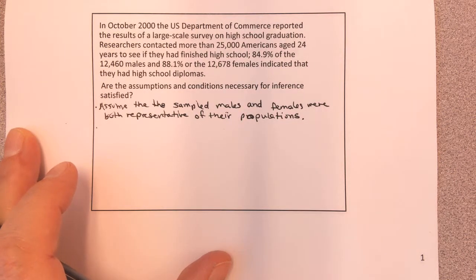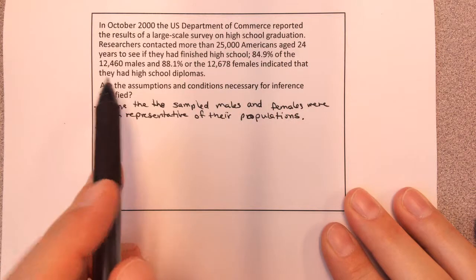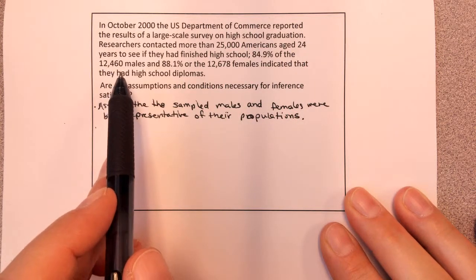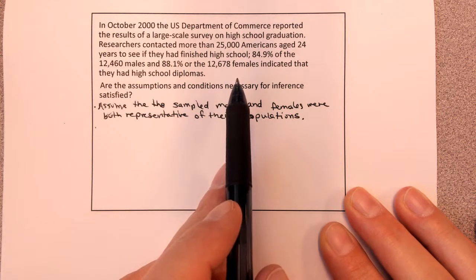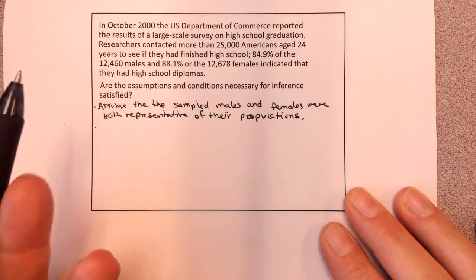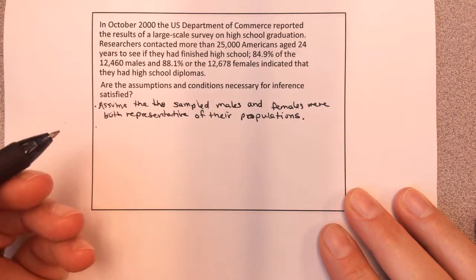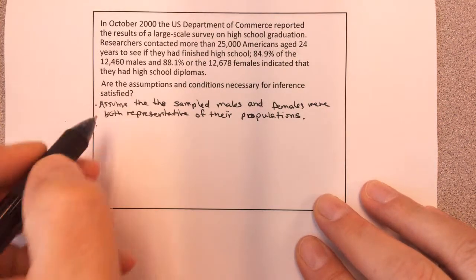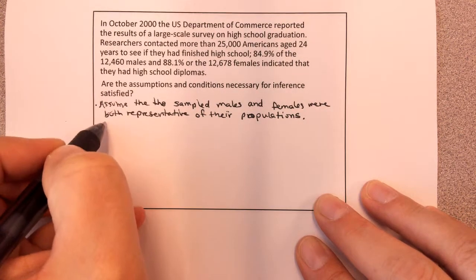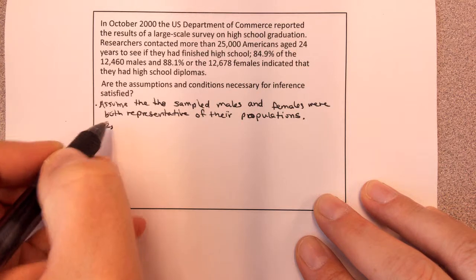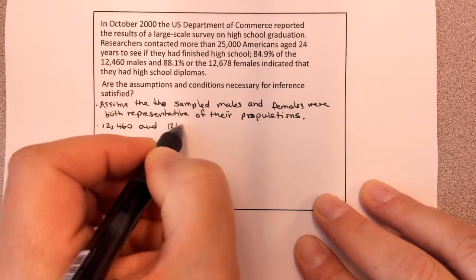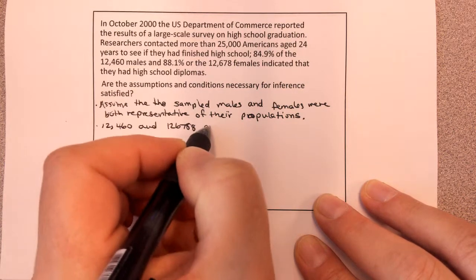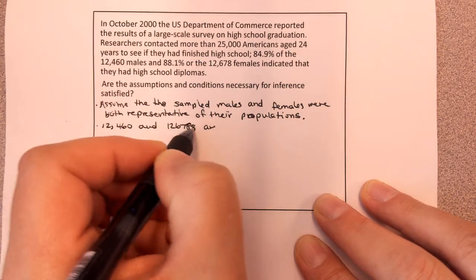10% condition. So is 12,000 or so males less than 10% of all the 24-year-old males past, present, future? Yeah. Sure. Same thing for females, right? But we have to say it for both of them, so it's a little bit longer sentence, but we can make that work. So 12,460 and 12,678 are both, I got too many 8s there.